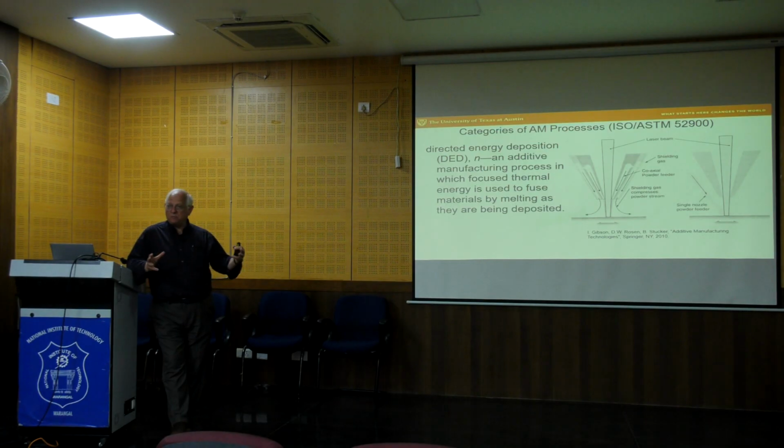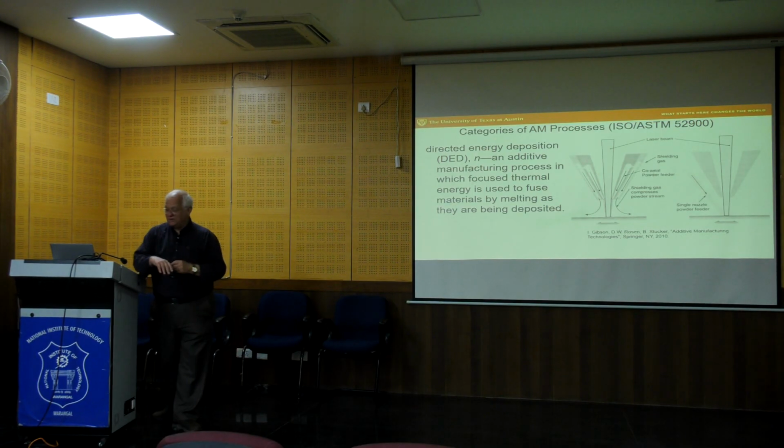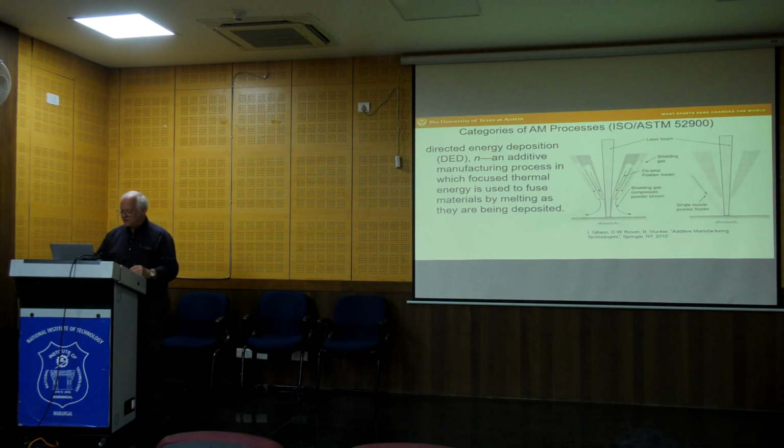So we can produce big parts, for example an airframe, fairly quickly, because we're depositing material at multiple kilograms per hour feed rates, rather than for the other processes where we're maybe feeding fractions of grams or fractions of kilograms in an hour. Very small, very low feed rates.